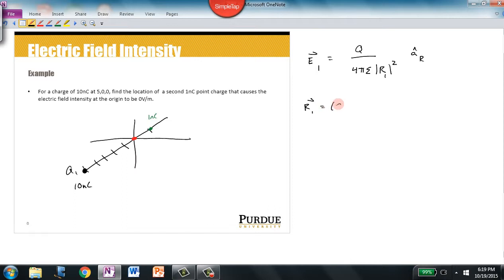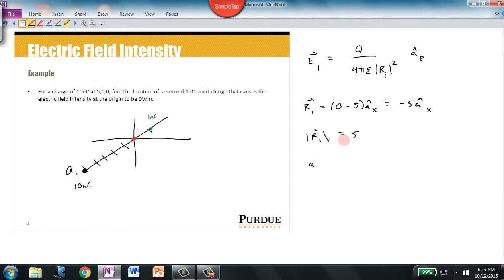So we need this R, and we'll just call it R1 in this case, indicating that it's from Q1. R1, remember, is the vector pointing from here to here. So that's equal to 0 minus 5, which is the x position of this charge, a hat x, and all other components of that vector are going to be 0. So it's just equal to minus 5 a hat x. The magnitude of R1, finding that's trivial, it's just equal to 5.